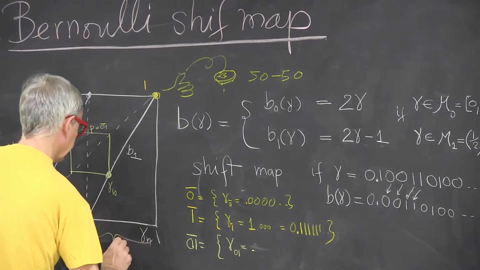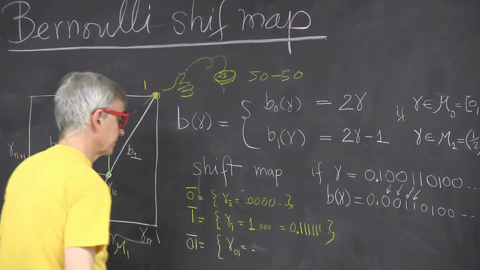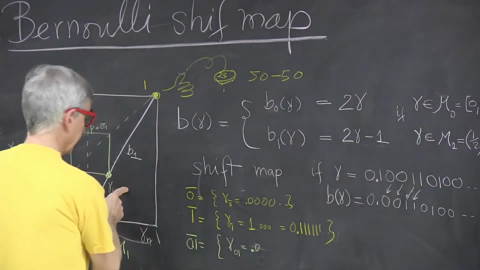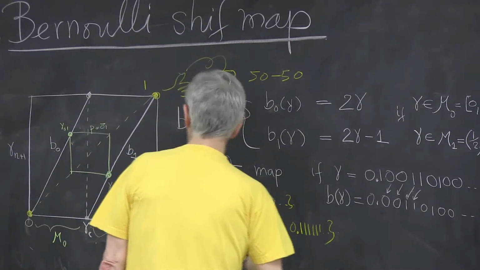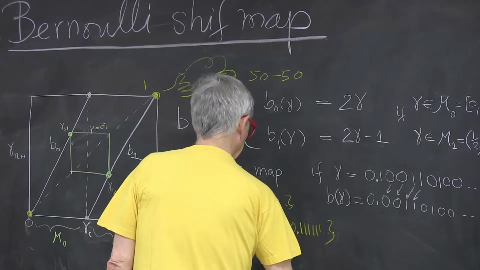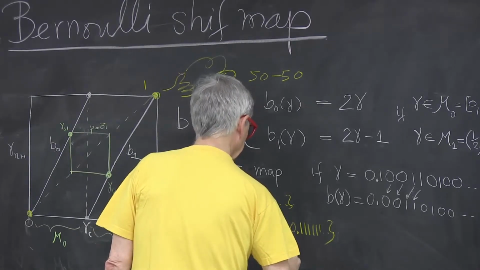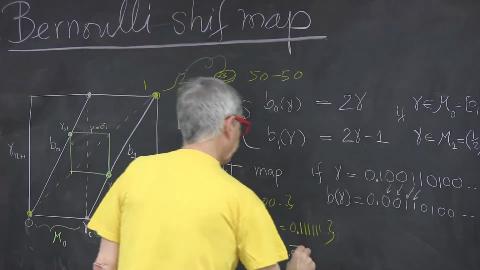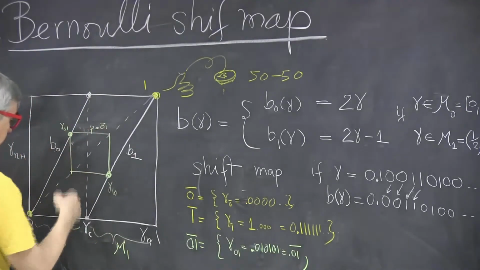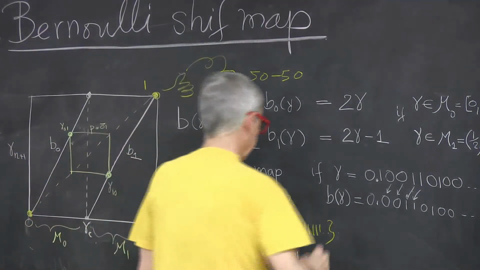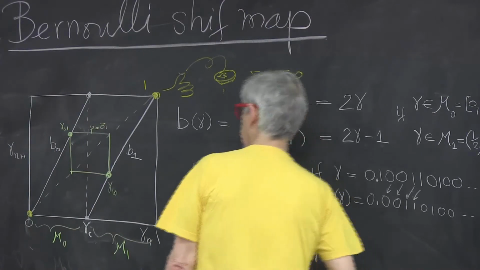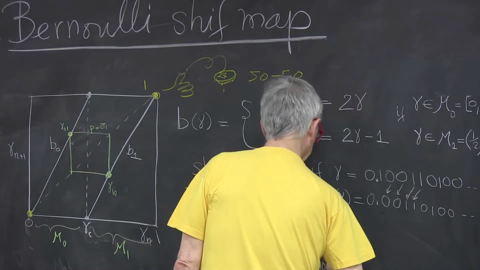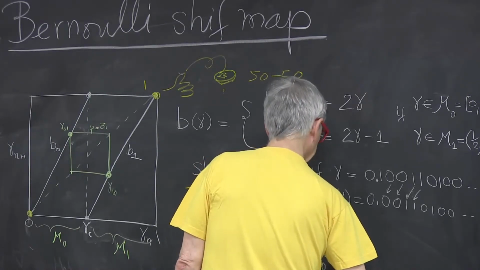Then it lands on the right, which is our partition 1. So first digit is 0. Then it ends on the right. Then it ends on the left. Then it ends on the right, and so on. And this goes on forever. So this is 01 repeated infinitely many times. That's this periodic point, and that's its symbolic sequence or itinerary. And then under one iteration, it ends on the right side. So there's a second periodic point, which is 10 repeated forever.